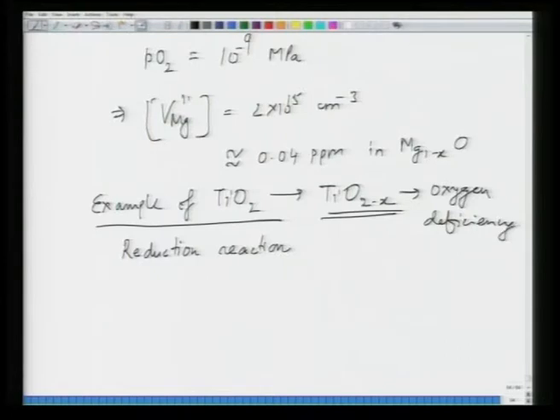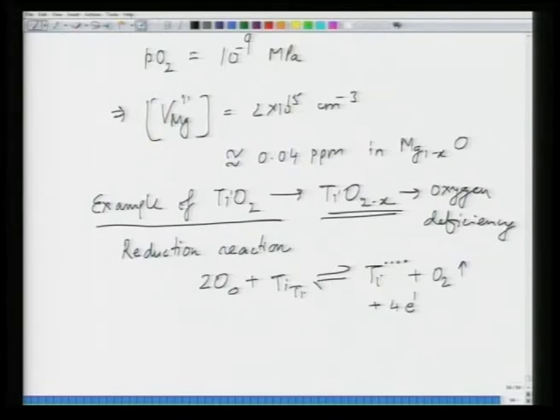In case of MgO, we looked at magnesium deficiency, and here we look at oxygen deficiency. So the reaction is of course the reduction reaction. So 2OO plus Ti at Ti site, they go to Ti interstitial plus O2. So since oxygen has gone out, the titanium site is also lost and it has become an interstitial, and this gives rise to 4 electrons.